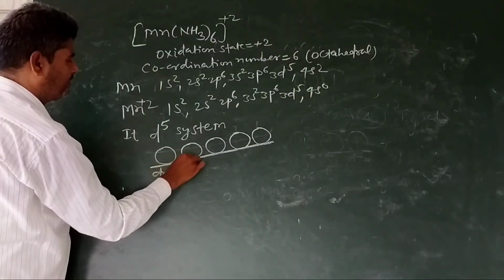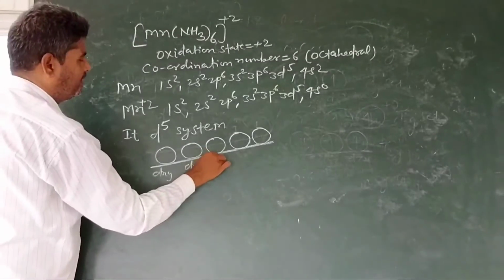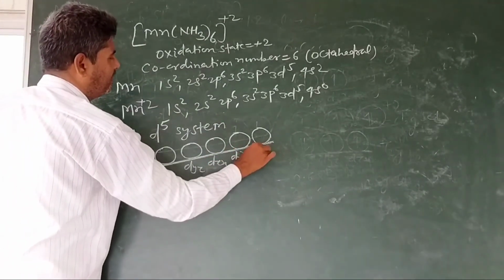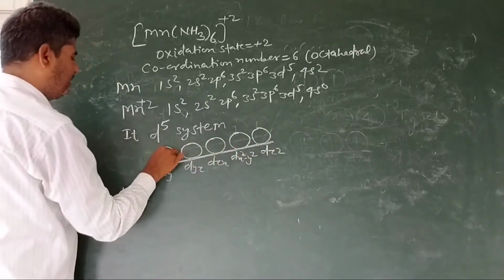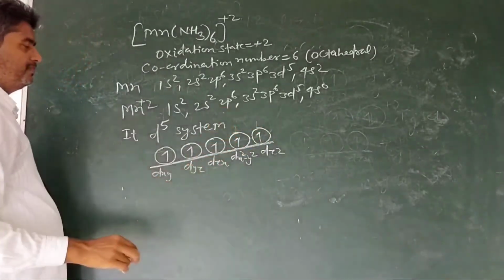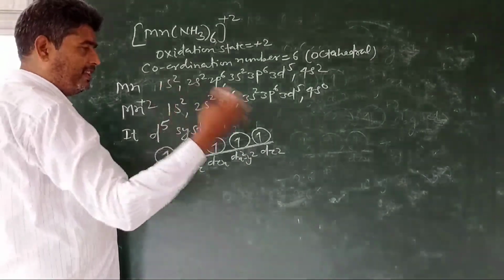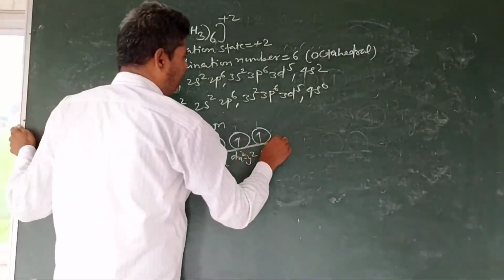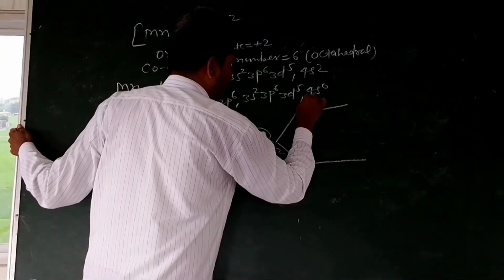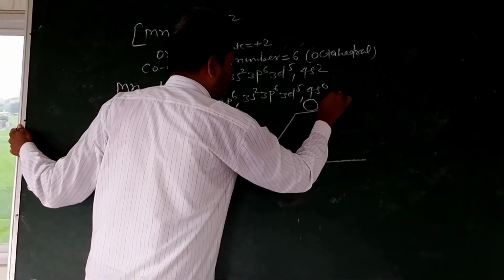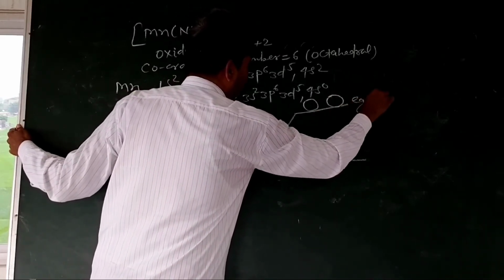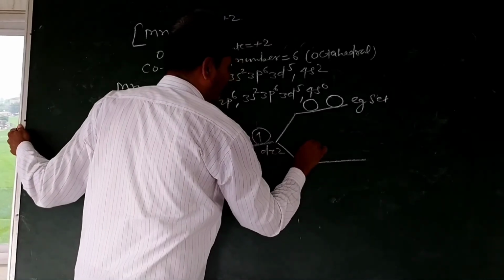dxy, dyz, dzx, dx square minus y square, dz square. By whom are the 5 electrons distributed? After CFT, crystal field splitting, we have two sets: the eg set and the t2g set.